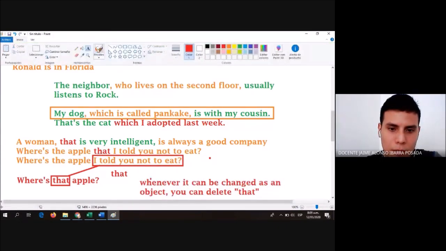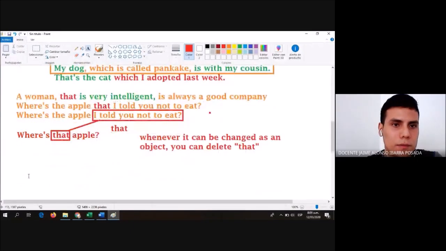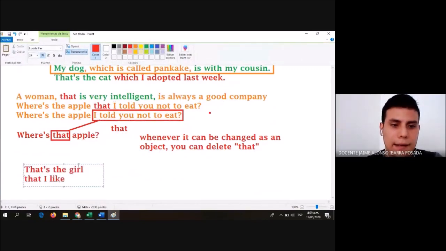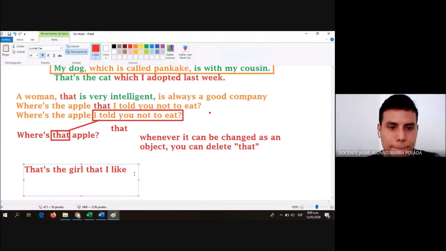For example, here, another example. That's the girl that I like. Okay. It's her.